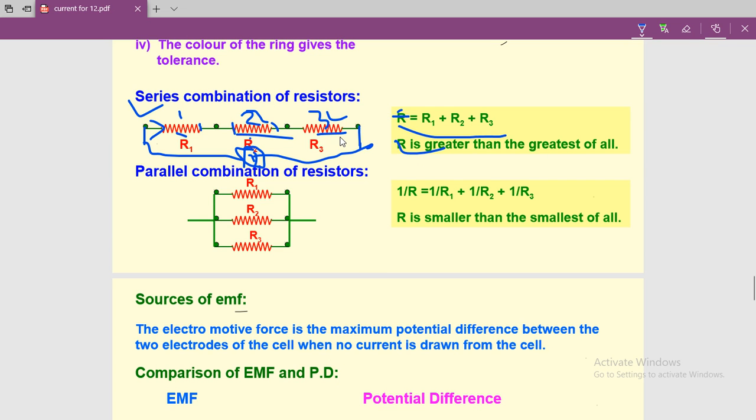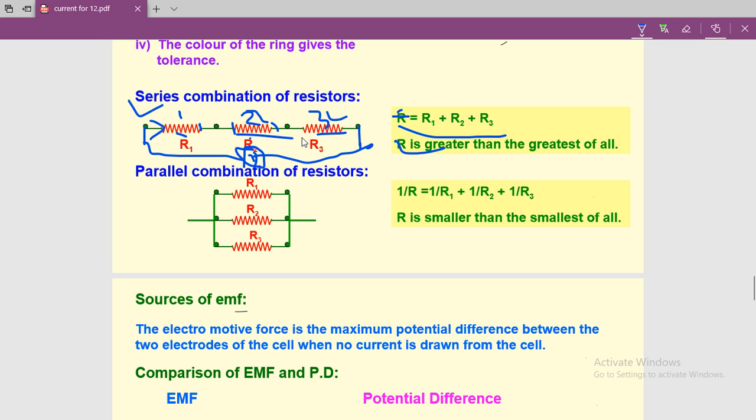Let me revise the most important characteristics. Current through the circuit in series combination remains same in each resistance. Second, if R1, R2 and R3 are not equal, then even so, current in each resistor is same but potential difference across them is different.